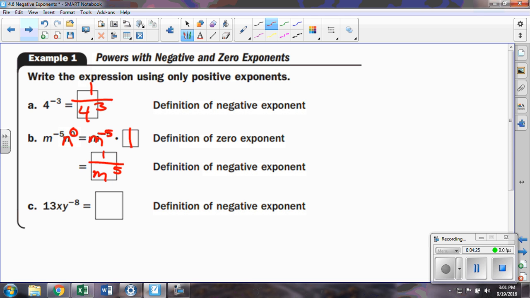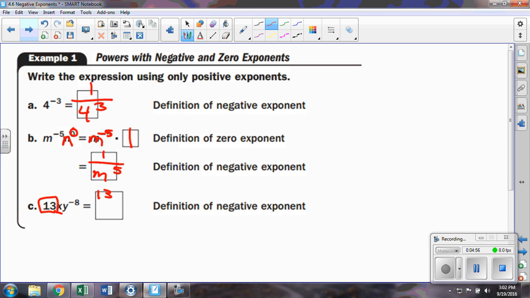Progressing to part C. What we're observing then, any negative exponent can be switched to positive as long as you change its spot. If something already has a positive exponent, just leave it alone. In this instance, what is the exponent on 13? Positive 1, so as a positive exponent, we'll leave it in the numerator.